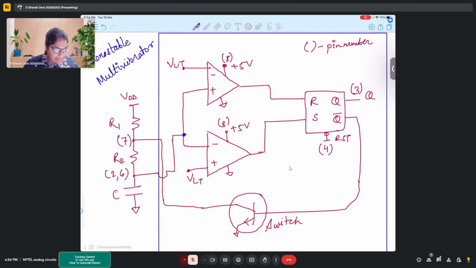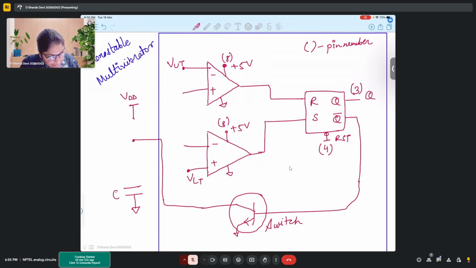So how you introduce a signal is, see, the circuit remains the same, but here, rather than using two resistors, we will use one resistor followed by a capacitor.